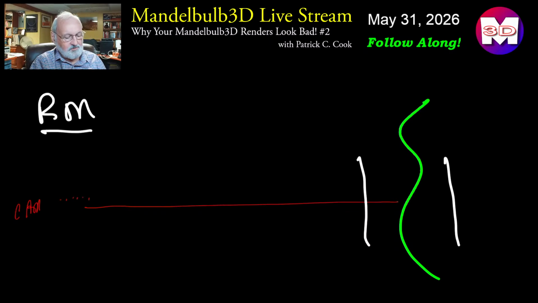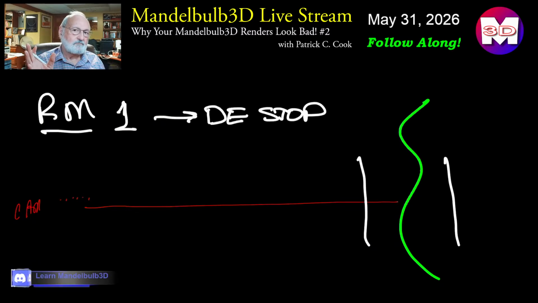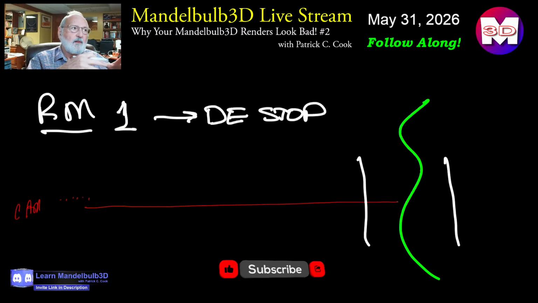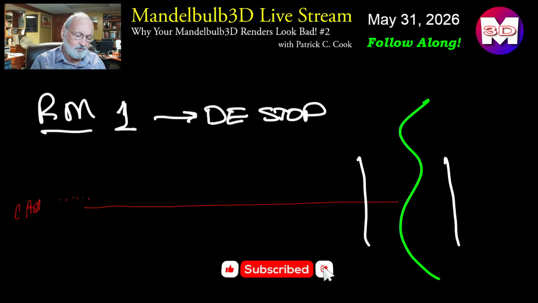For instance, if you have a Raystep multiplier of 1, your DE stop is not modified at all. The Raystep multiplier is a multiplier of the DE stop value.